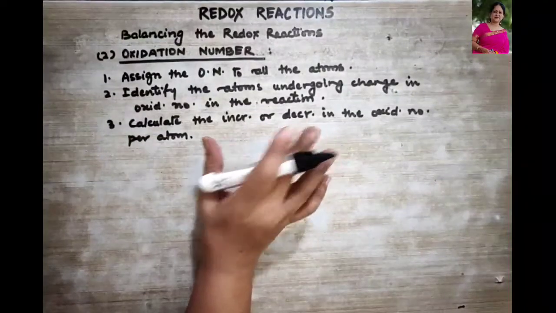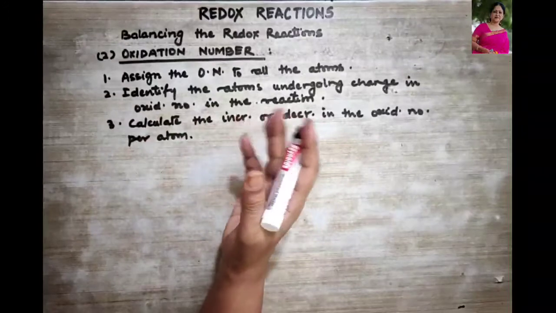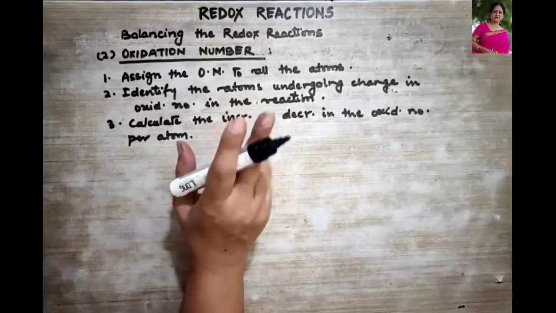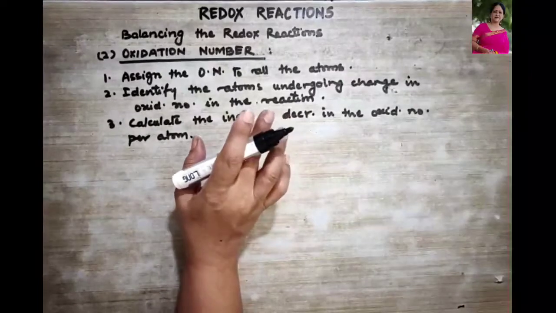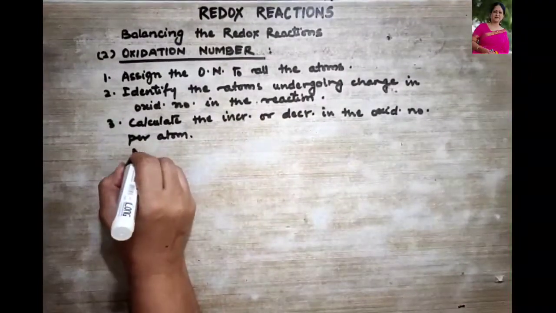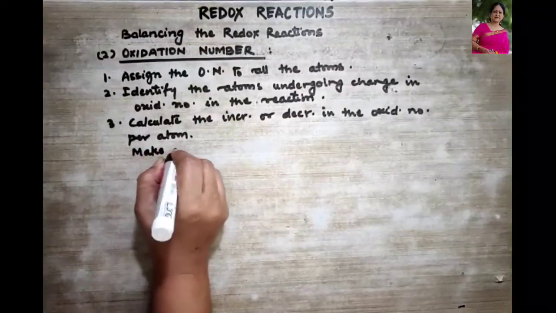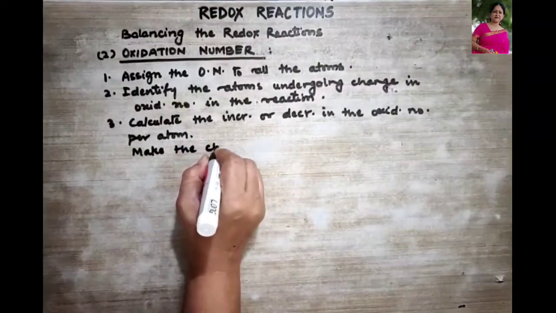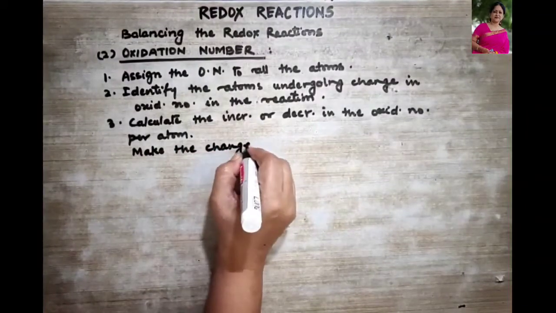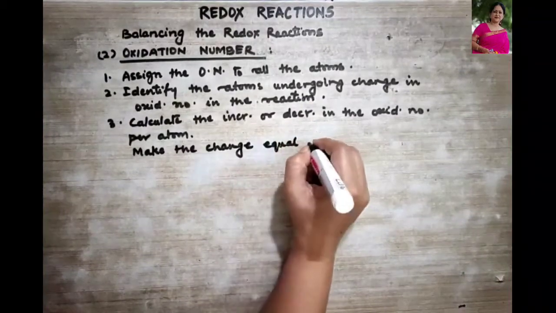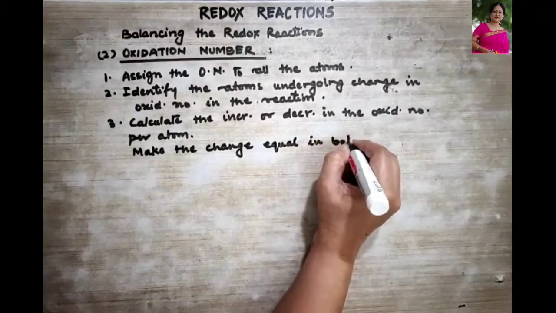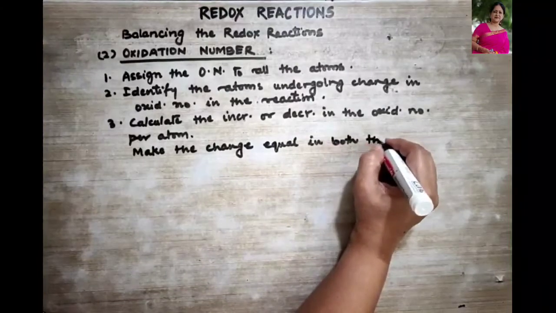Now what do we do next? We make the change equal in both the equations by multiplying it with a suitable number, and then we add both the equations.